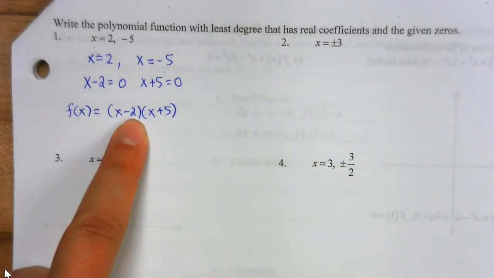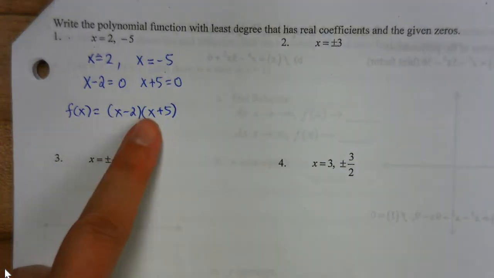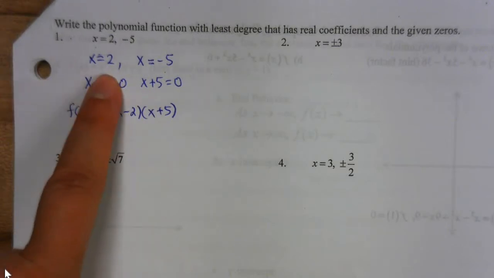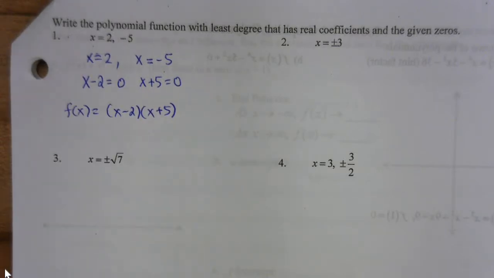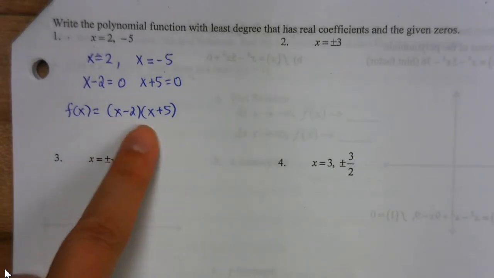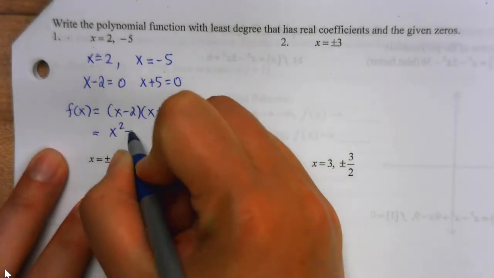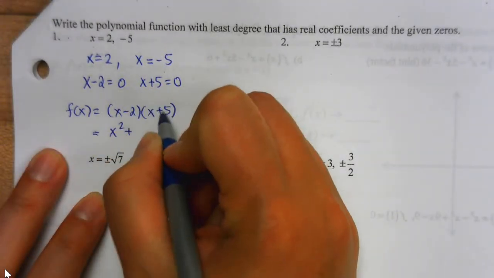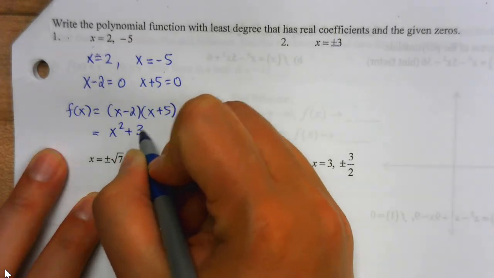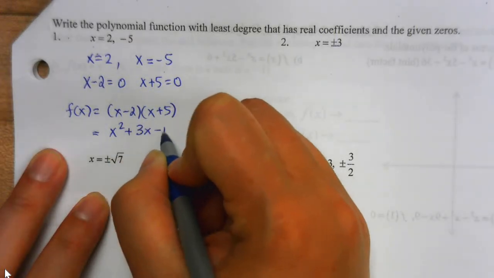This is where you're normally used to going: we set each piece equal to 0 and then we solve it. We are doing the reverse order when we are writing the equation of the polynomial. The last step of this is to actually multiply this out. So we really have the function x squared plus, I'm going to have a 5x and a minus 2x to get 3x, and then a minus 10.